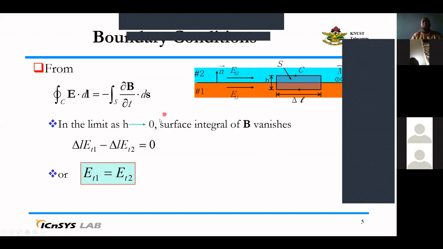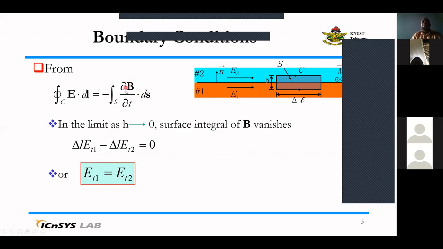So in the limit as h approaches 0, this rectangle collapses towards a line at the interface, because this h is approaching 0.